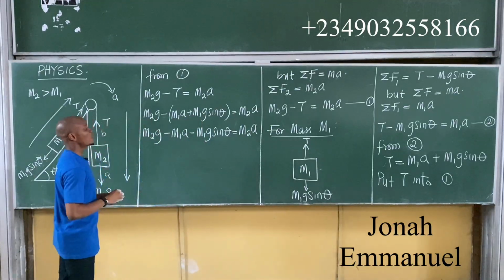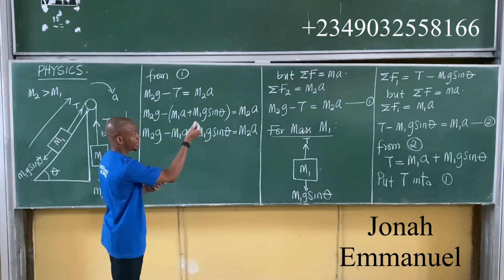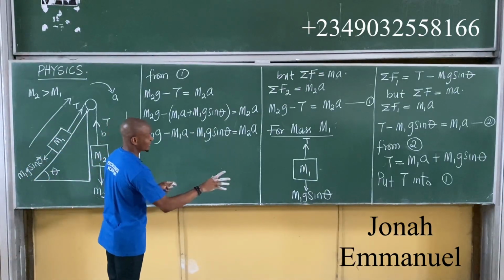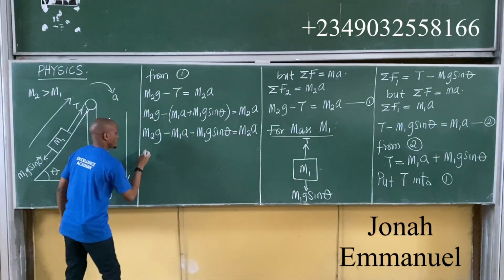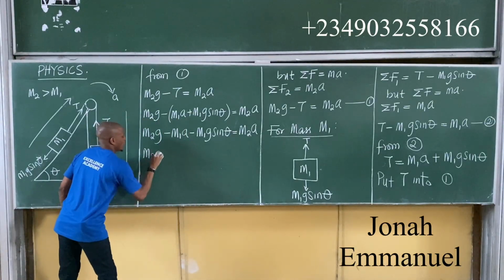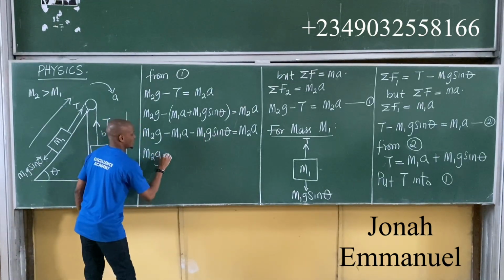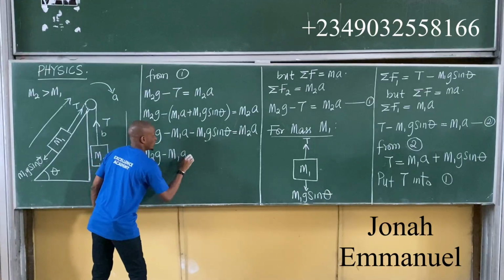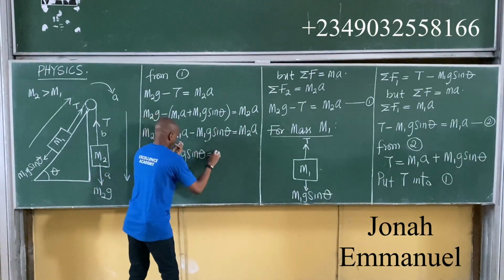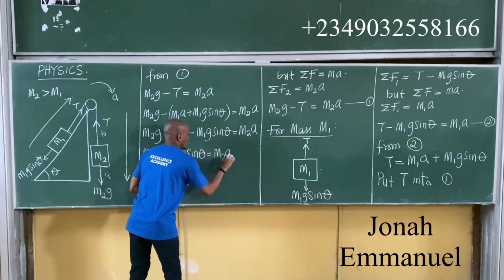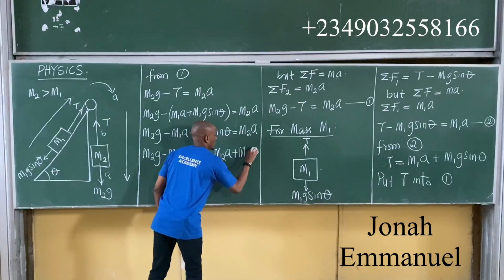Since I want to get acceleration, move all the terms containing acceleration to one side. So I'll move this one over here. This now becomes M2g minus M1g sin theta is equal to M2a, and the minus comes and becomes plus M1a.